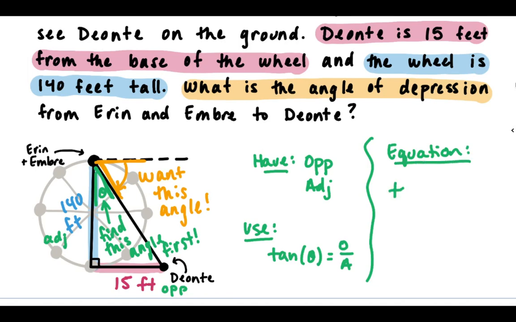We know we're using tangent, and I'm going to have you fill in the rest of this equation. So what goes inside the tangent, what goes in the fraction, and then we're solving for an angle in this case, so remember that to do that we're going to use trig inverses. So trig inverses are going to come into play. If you need a refresher on that, you can check out lesson 6.3.